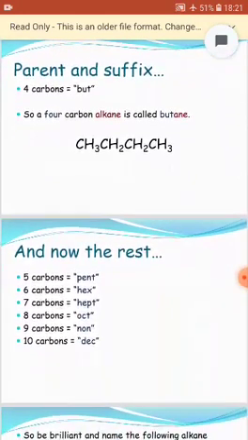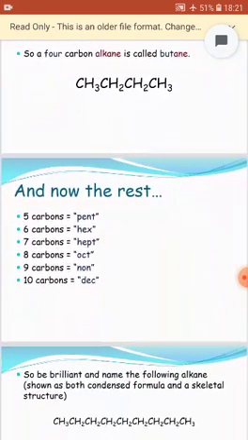And now the rest: five carbon pent to pentane, six carbon hex to hexane, seven carbon hept to heptane, eight carbon octane, nine carbon non to nonane, 10 carbon dec to decane.